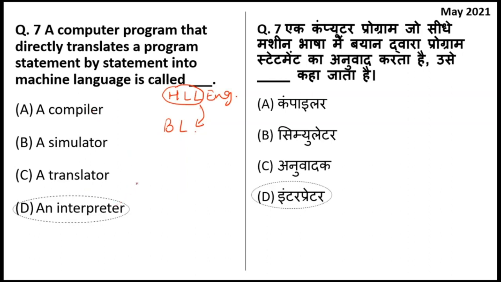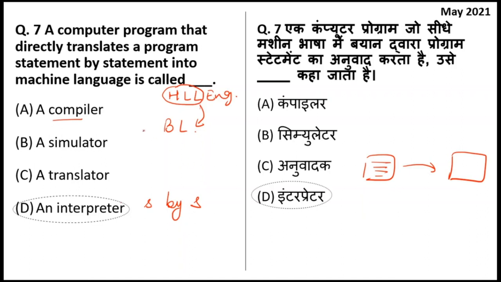Because the interpreter does this task statement by statement, while the compiler translates one code into another all at once. The whole code is translated at once, but the interpreter goes line by line. It will translate one statement, then another statement, and it will go on like this.